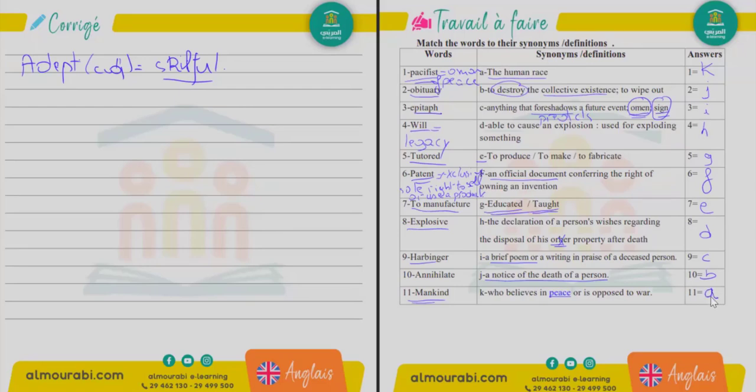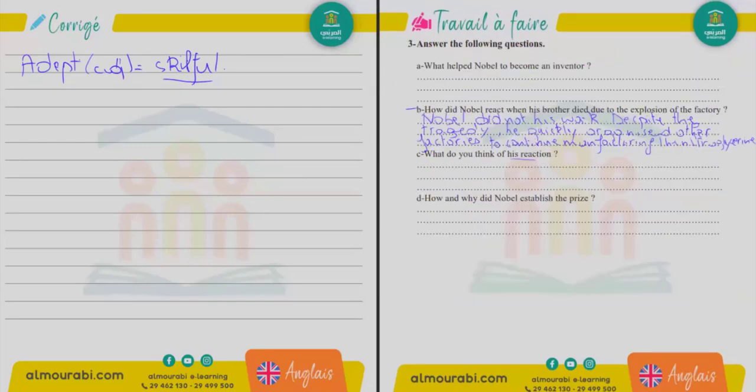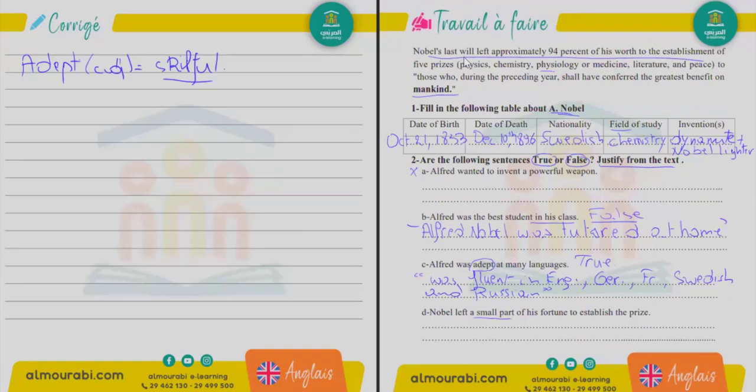This is 11 plus. And we finished with that table here, with these definitions and synonyms. Great. Now, in that last will, he left approximately 94% of his worth, of his fortune, to the establishment of these prizes.